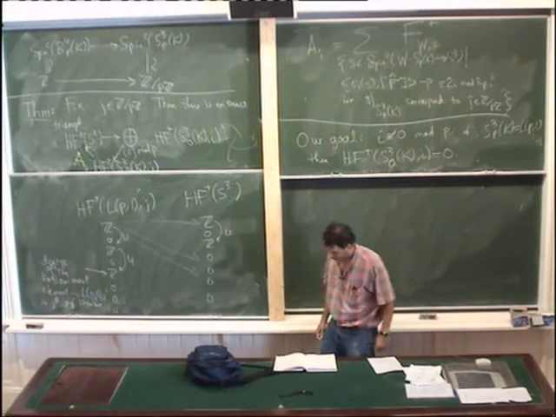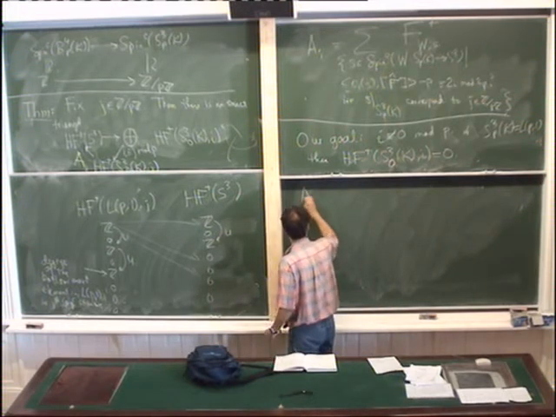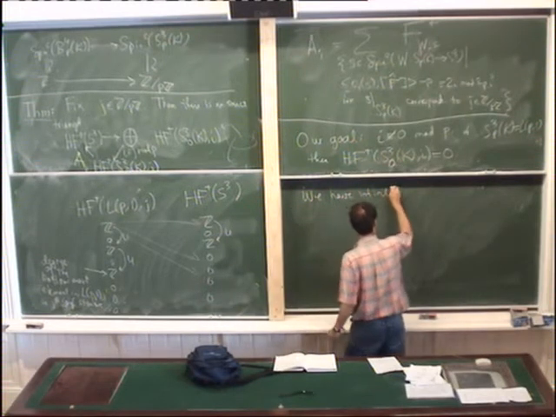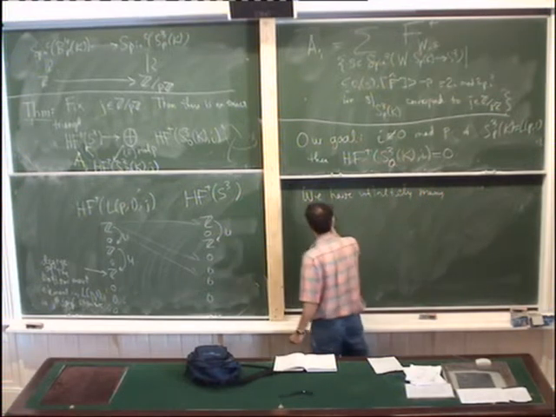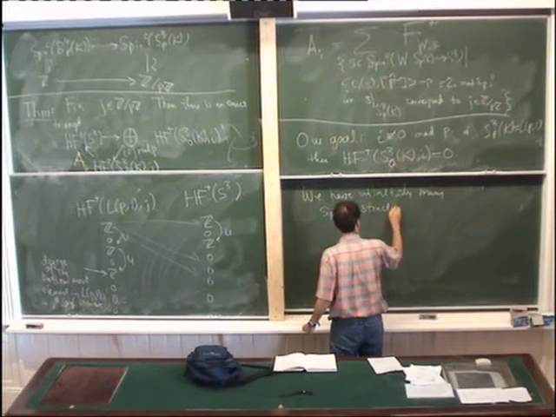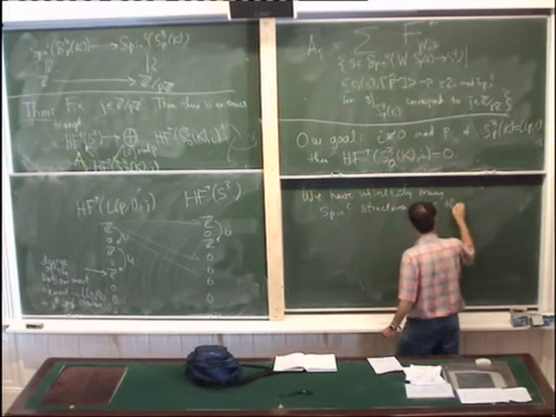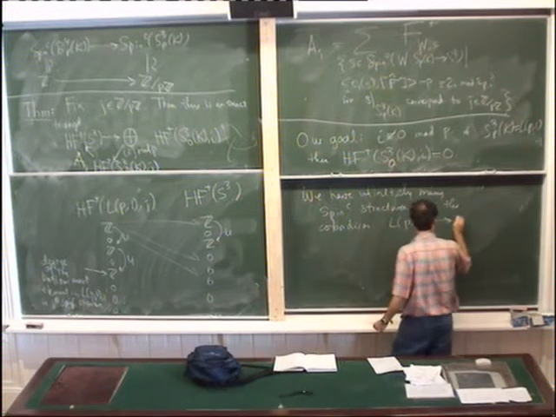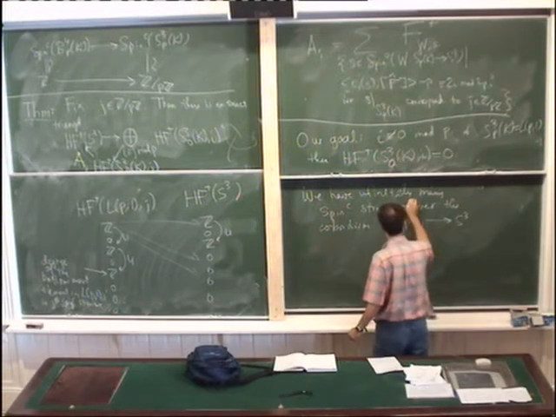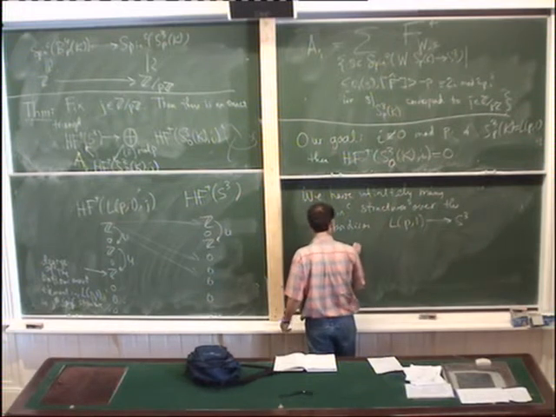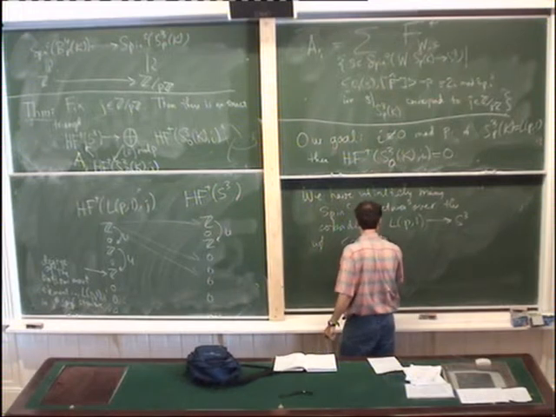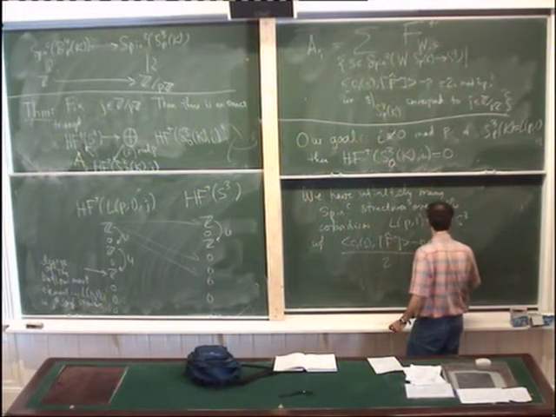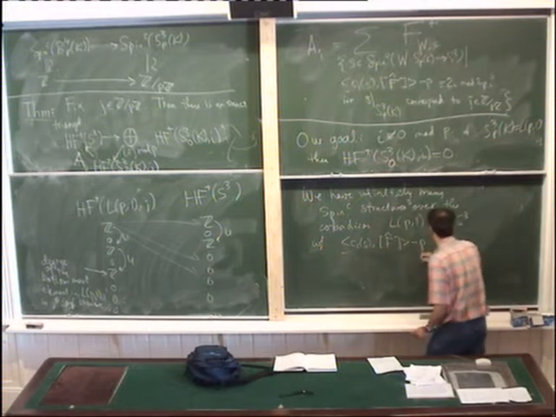And I claim the map has the form of a sum over infinitely many spin C structures over the cobordism from LP1 down to S3, with C1 of S restricted to our surface F minus P over 2 congruent to 2I mod P, congruent to I mod 2P.